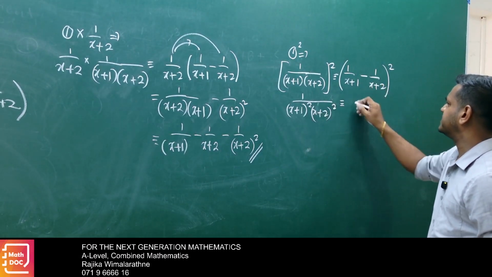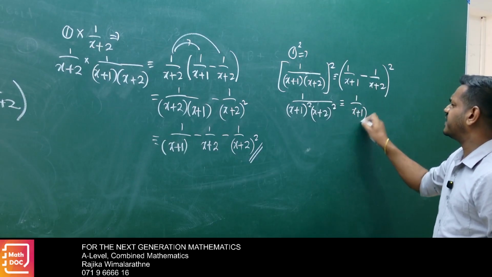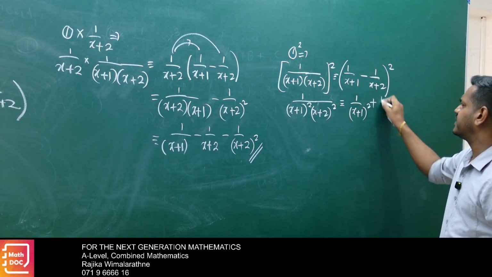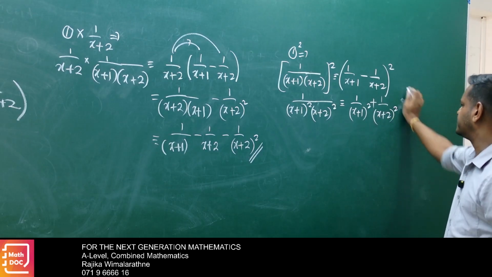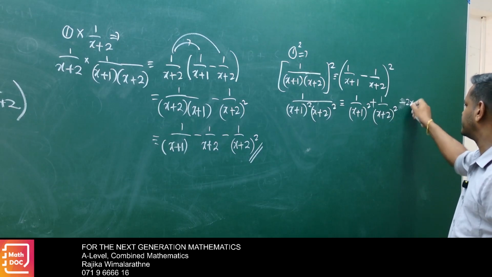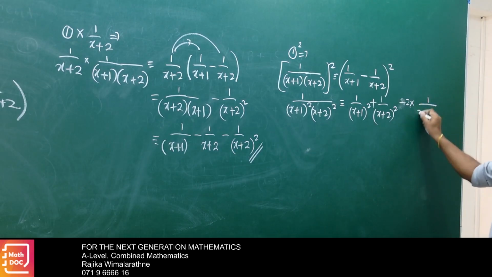Then expand this, binomial: 1 over x plus 1 squared plus 1 over x plus 2 squared minus 2 times 1 over (x plus 1)(x plus 2).